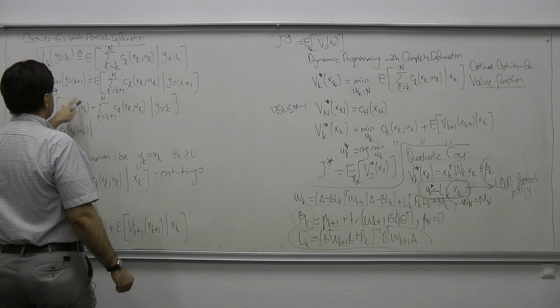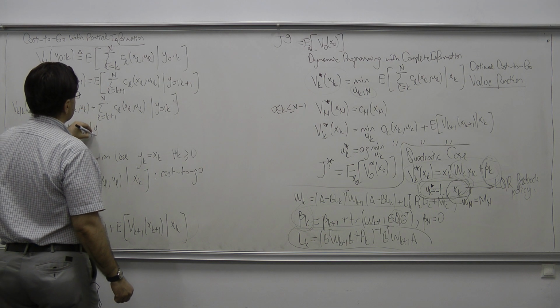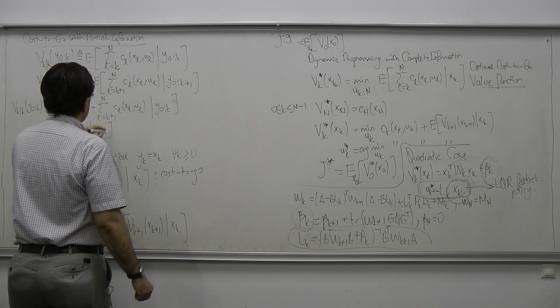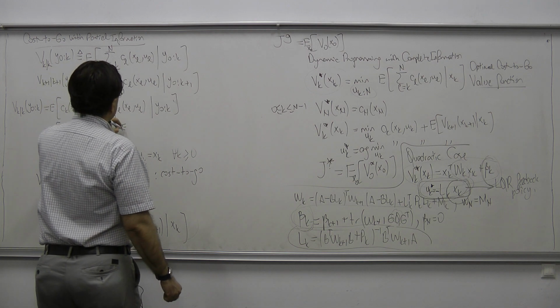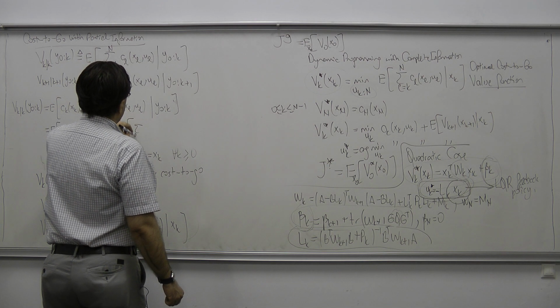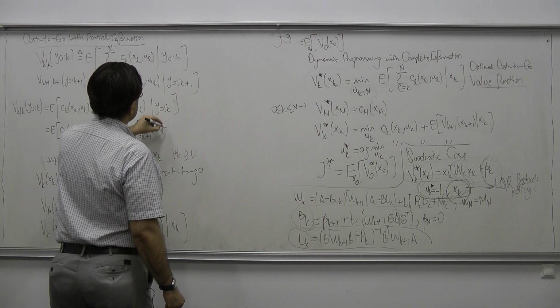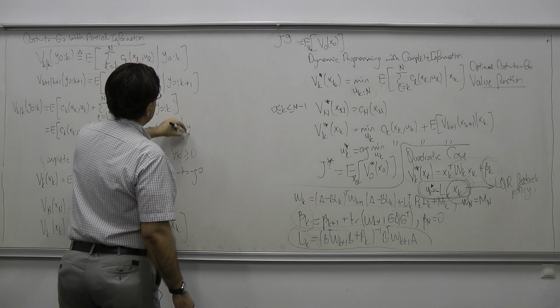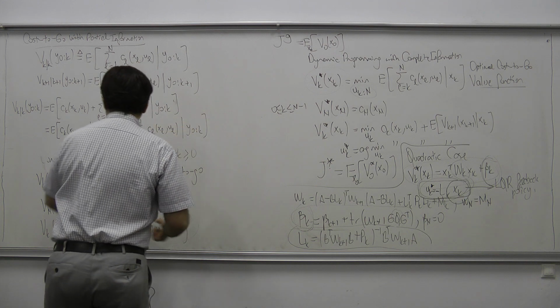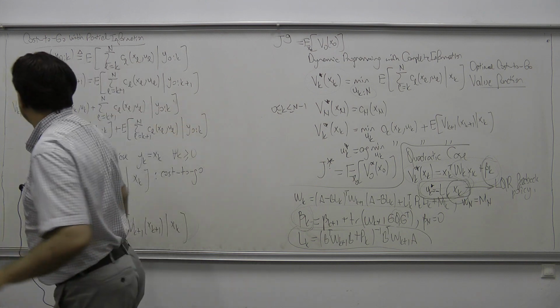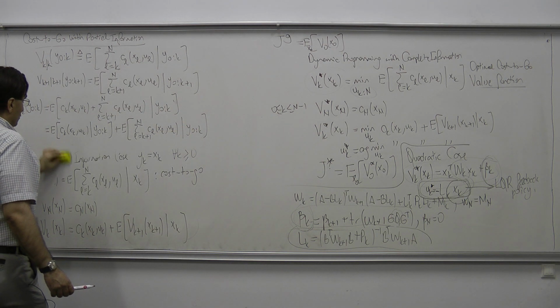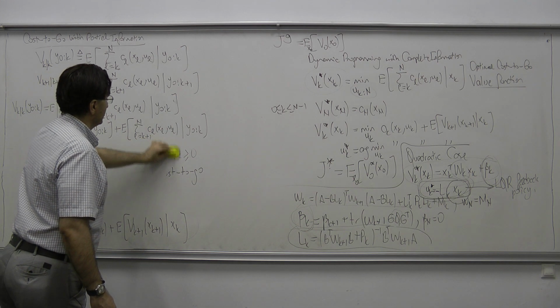That means that I cannot take this term outside the expectation anymore. Plus I have expected value of the sum L from k plus 1 to n of CL XL UL given y0k. So we are one step closer to our equation here.